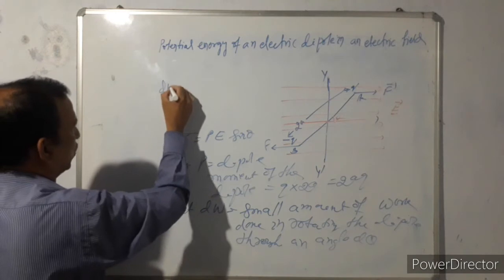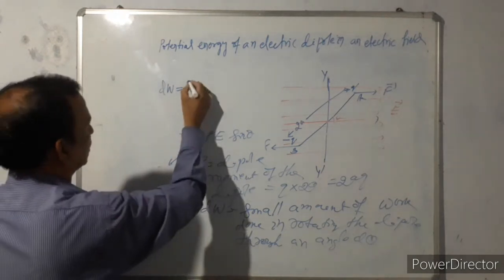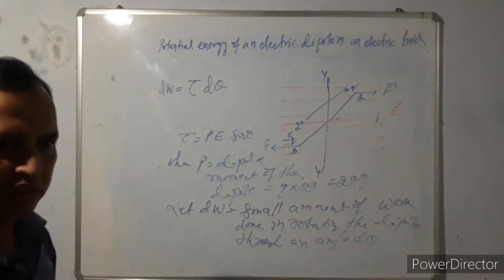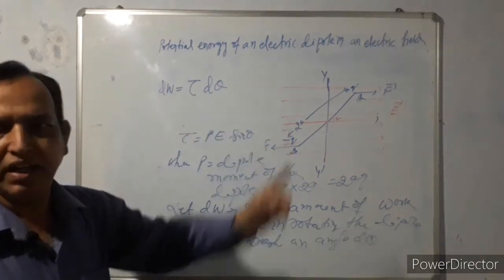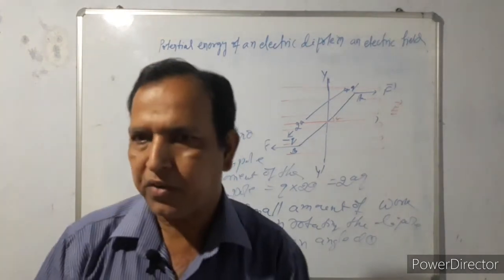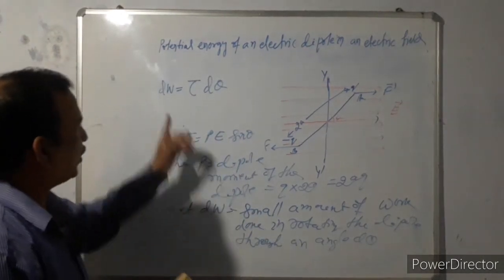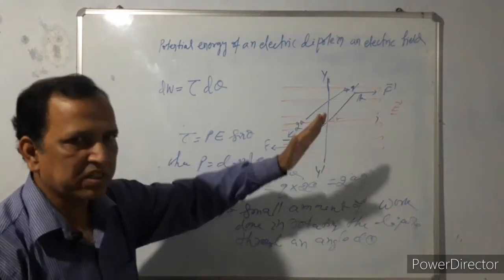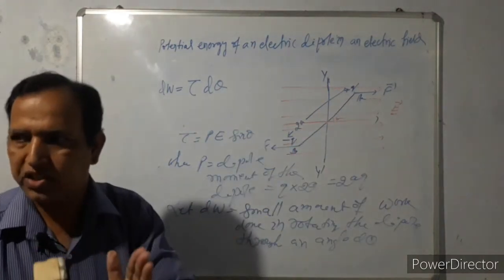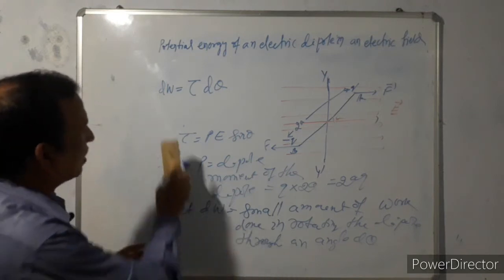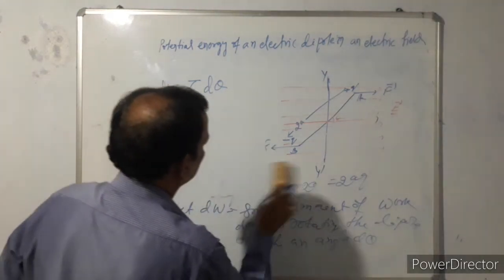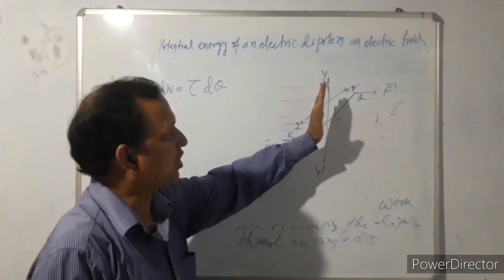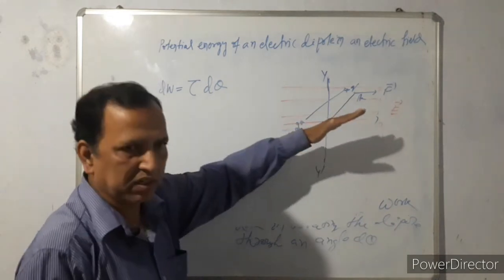So dW is equal to torque into d theta. This is the expression, we know that. So dW is equal to tau d theta. So if we can find out the dW when the dipole rotates through a very small angle, then what is the total work done when the position is from y dash to AB?